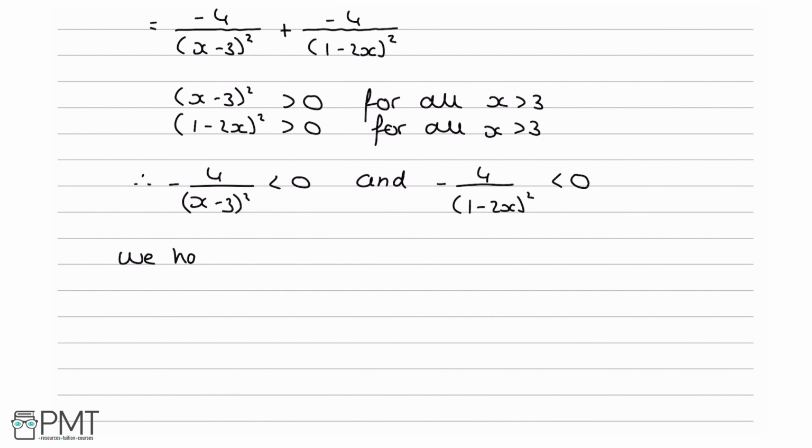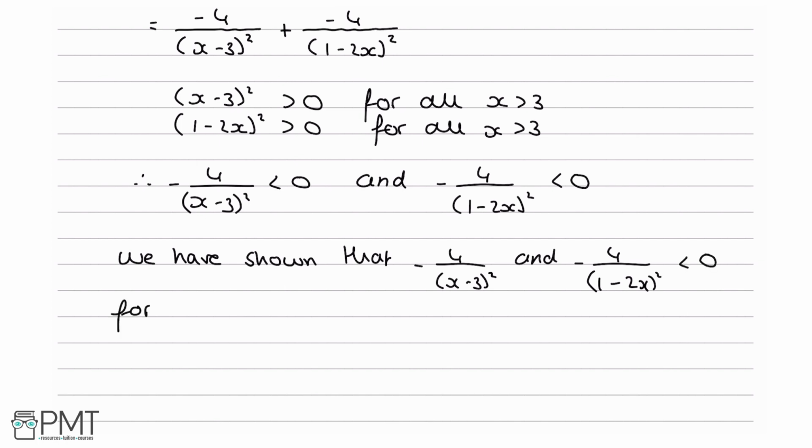So what we need to say then is, we have shown that minus 4 over x minus 3 squared and minus 4 over 1 minus 2x squared are less than 0 for all x greater than 3.